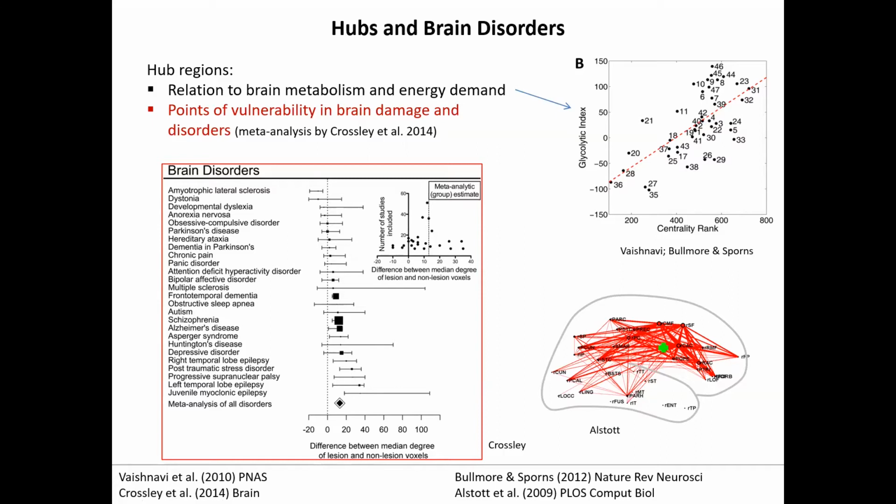So that opens an interesting perspective. What's cause and what's effect? Is the high degree itself a vulnerability that predisposes certain brain regions to be more susceptible to damage, or is the very fact that high degree nodes are damaged what gives rise to a disorder? Which is cause, which is effect?